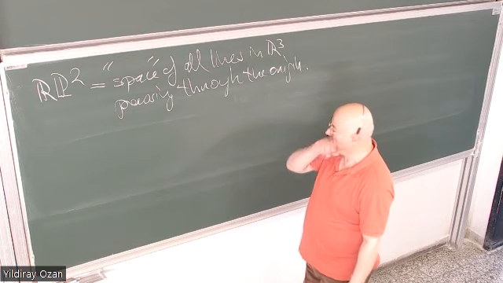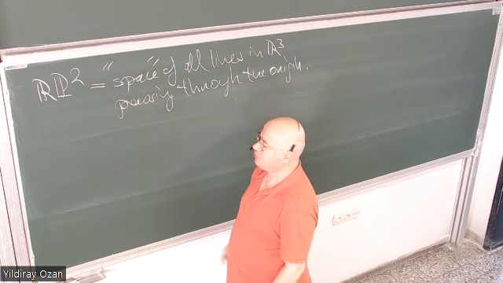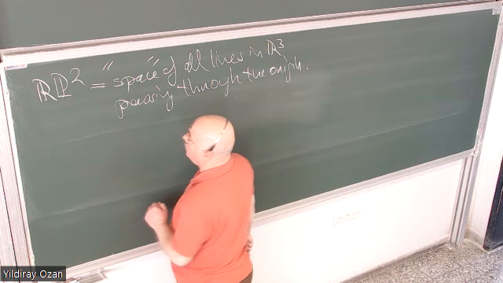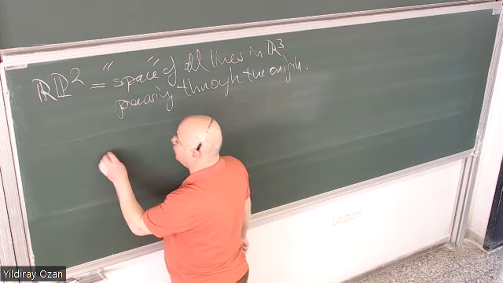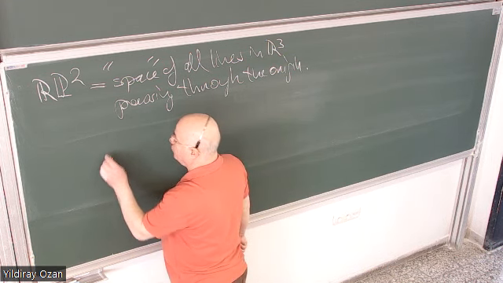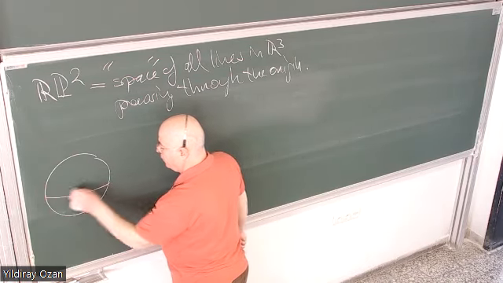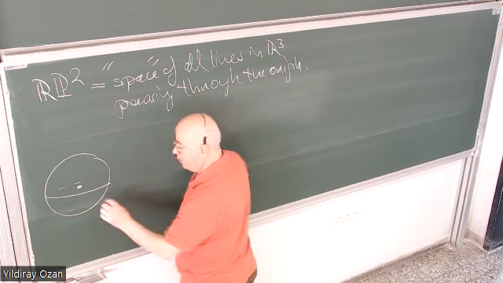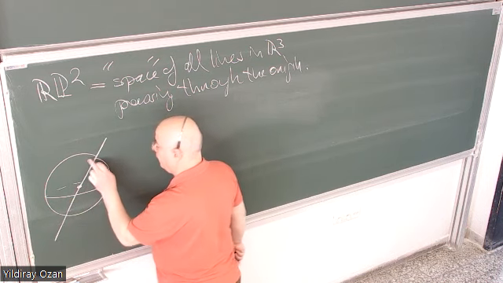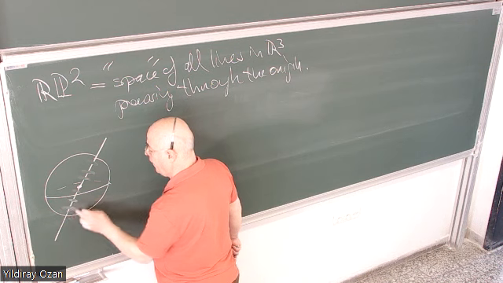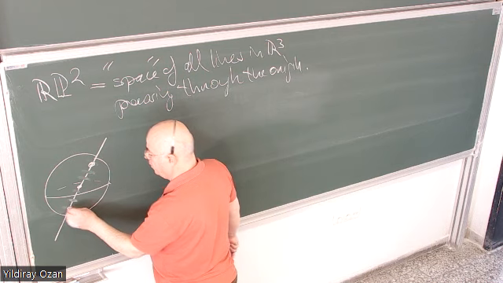How can we put such a structure? I'll give you several descriptions. One of them is this: every line through the origin intersects the unit sphere at exactly 2 points, right? 1 point here and 1 point back there.